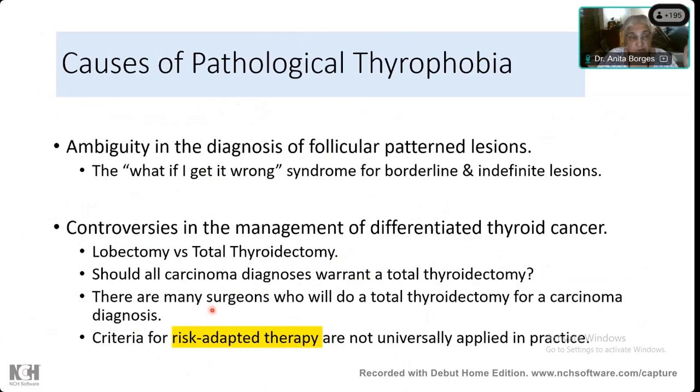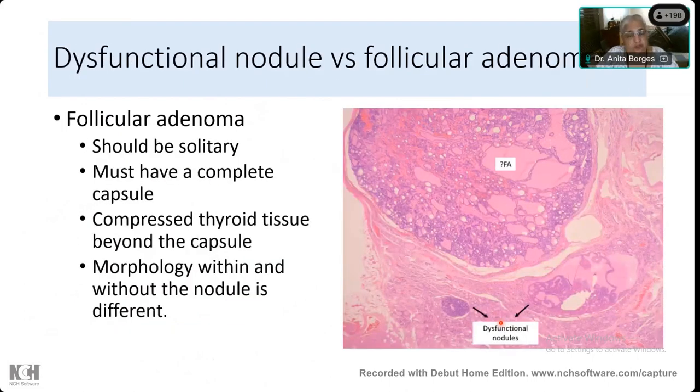I hope they're getting fewer and fewer, but there are many old-fashioned surgeons who don't use what is called risk-adapted therapy. Okay, so I think that this also reflects on how pathologists make diagnoses. Right? They don't want to be caught on the wrong foot.